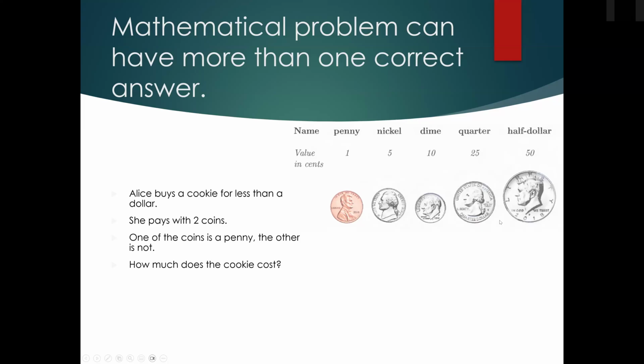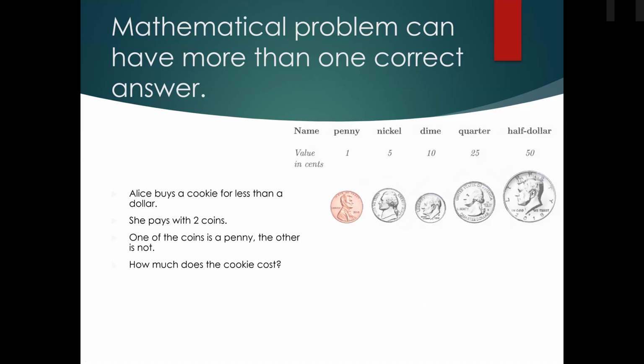Off the bat, you can realize that we do not have to mind the condition that the cookie is less than $1, because if we consider the largest possible value the cookie can be, considering that one of the coins is a penny, the largest possible cost of the cookie is 1 penny plus half a dollar, which is 51 cents, which is less than $1.